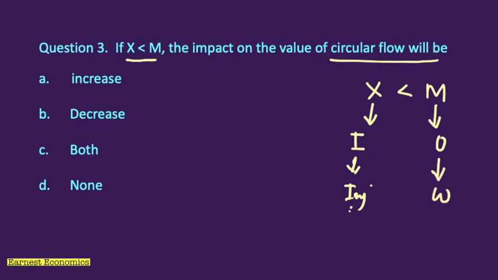Now injections impact circular flow positively, that is they increase the circular flow, and withdrawals impact it negatively, that is they reduce the circular flow. So our right answer in this case will be the B option, that is decrease. So if exports are less than imports, the circular flow will decrease.